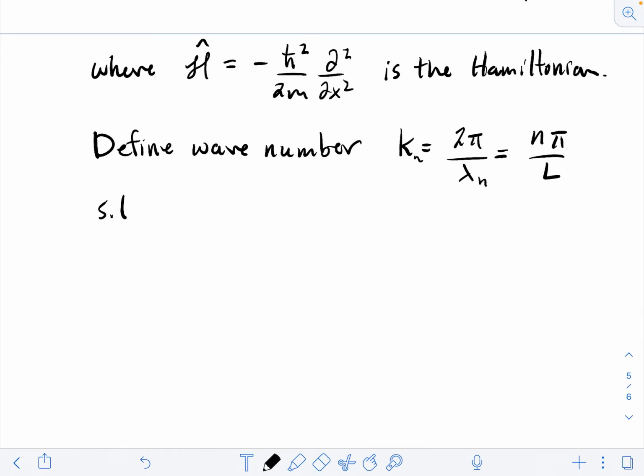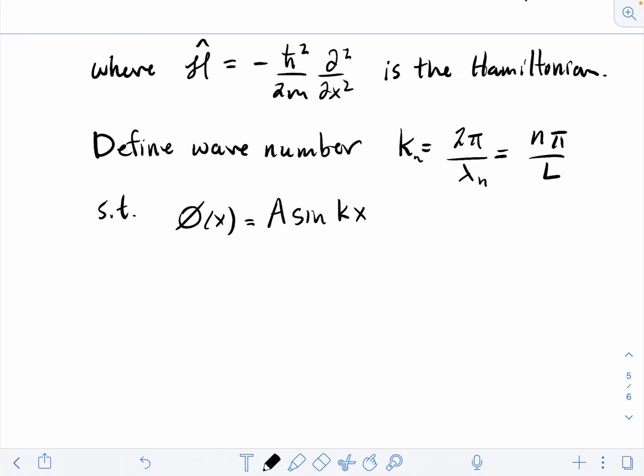Define the wave number such that our wave function can be written as a sine kx. I've dropped the subscript, but we'll just remember that the k values can take on a number of discrete values.